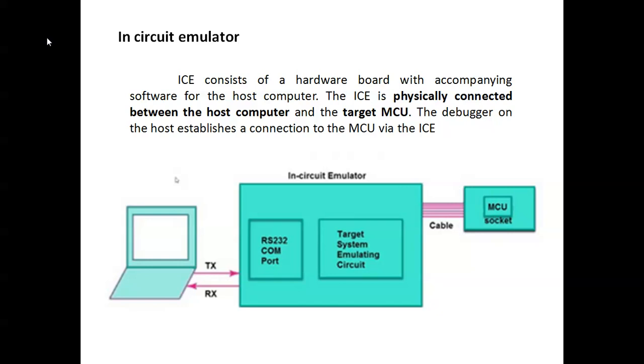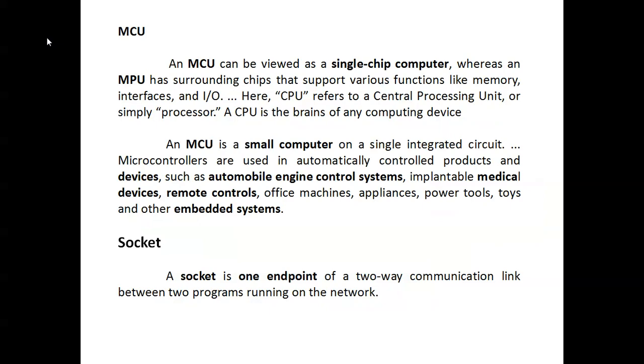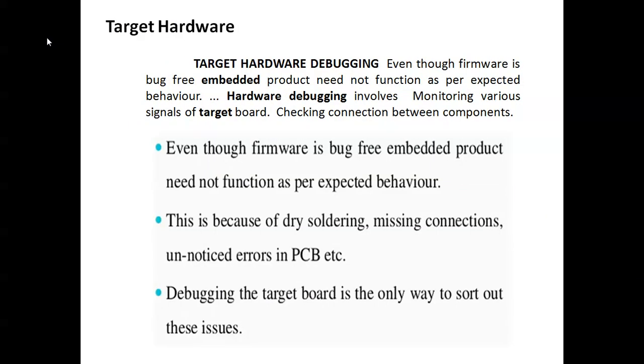It is stopped. The cable is stopped at this endpoint. And MCU is a single chip computer and host computer. This in circuit emulator is a connection between a single chip and the host computer through port RS-232. So this is the in circuit emulator.